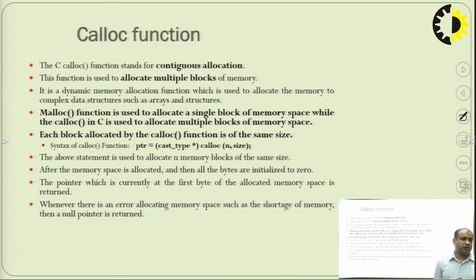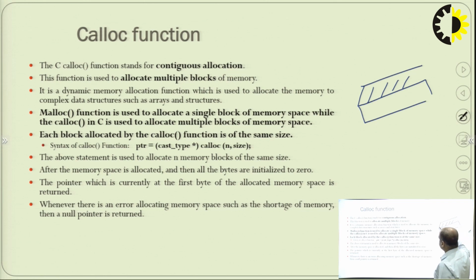Next, each block allocated by the CALLOC function is of the same size. That means if we are using 15 values, each will take the same size of memory. So the above statement is used to allocate n blocks of memory of the same size.